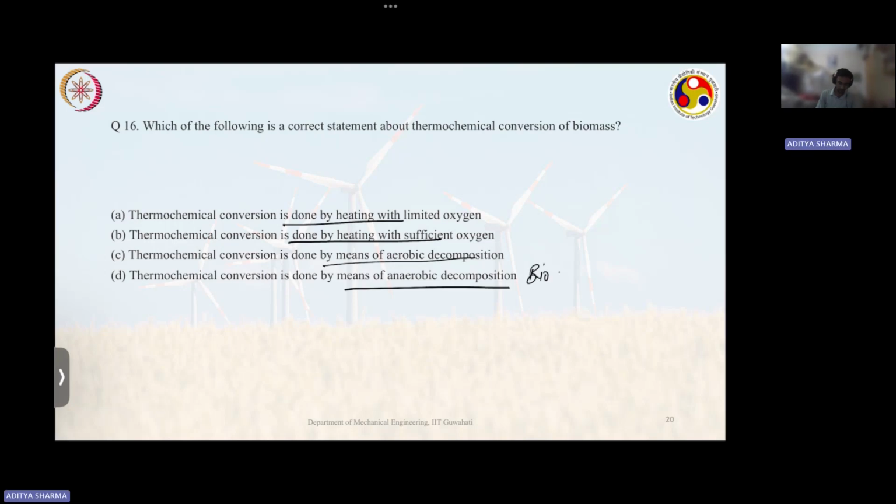This is your biochemical. Aerobic we have not seen in our discussion, so we don't know about this. Then heating with sufficient oxygen we have not discussed, but we have seen that heating with a limited amount of oxygen is thermochemical conversion of biomass, right? So in that case, A is the correct option. Okay. So this was it about this session.